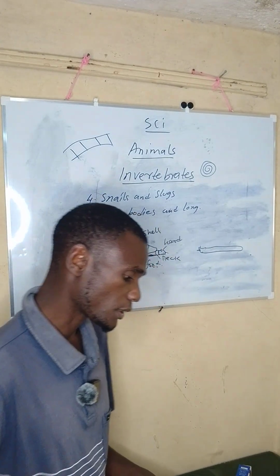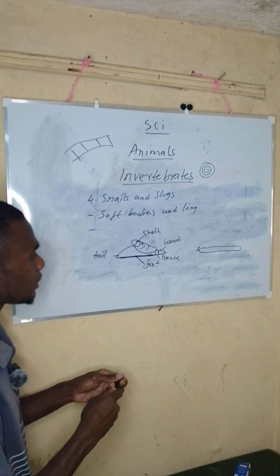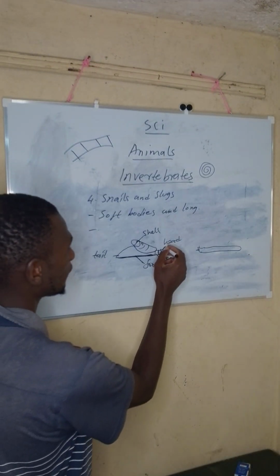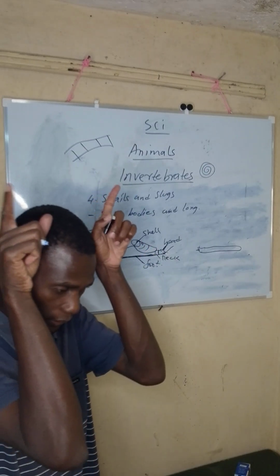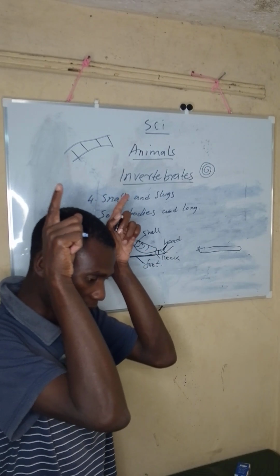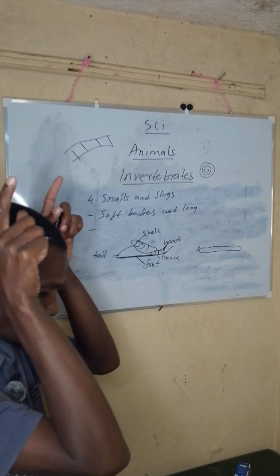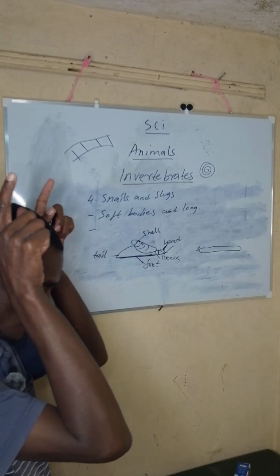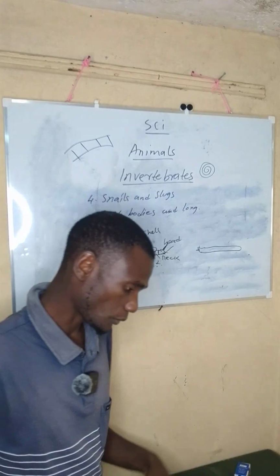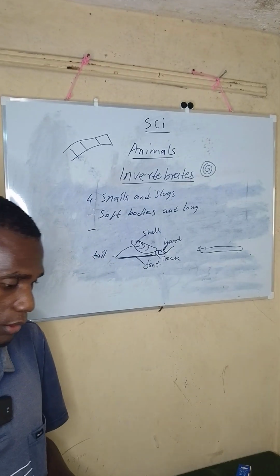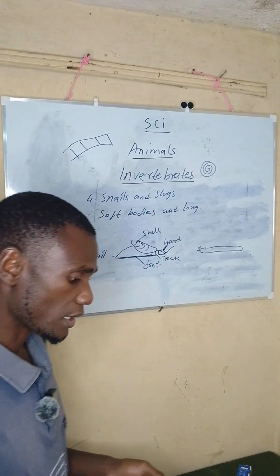They both have 2 pairs of tentacles. Tentacles are these things that you always see like this, and that is where their eyes are. The upper tentacles act as the eyes, while the lower tentacles act as the smelling organ.